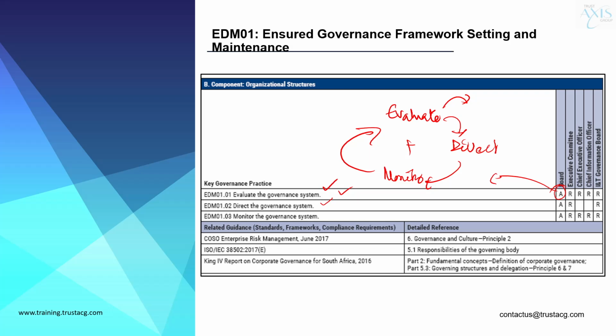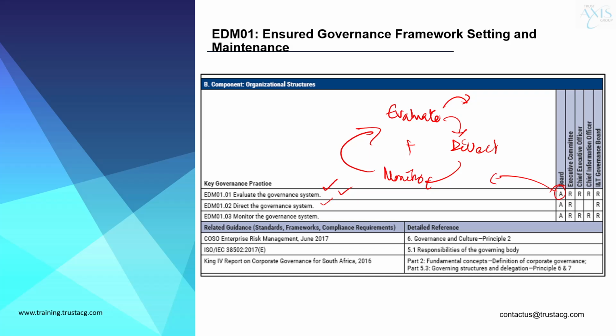Likewise, you can also demonstrate compliance against the ISO 38502 series, published in 2017, which defines the responsibilities of the governing body and clarifies how executive management and governance structures should interact to ensure accountability and direction.